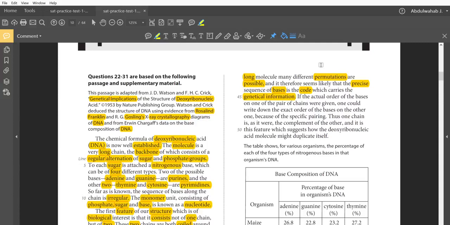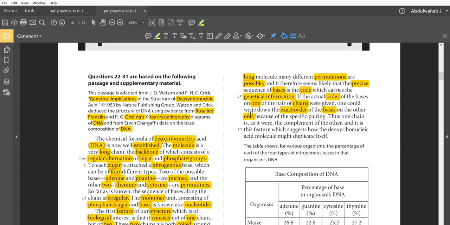So if the actual order of the bases on one of the pair of chains were given, one could write down the exact order of the bases on the other one. Basically, if I give you adenine, you will automatically know that on the other chain you will have thymine, of course.